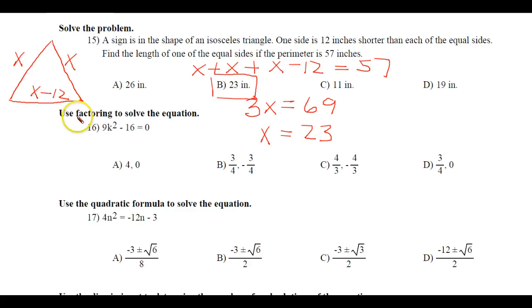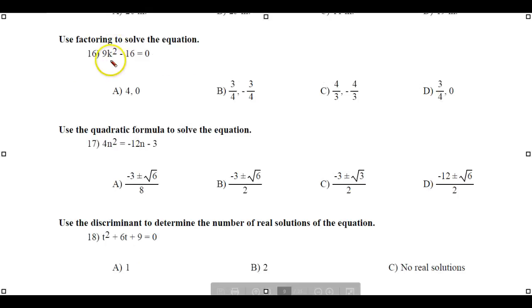Okay, we're going to factor to solve this next equation. So look what we have there and see what we do. I don't know if you recognize this, but this is a perfect square and this is a perfect square. So we're going to factor so that we end up with the conjugates.